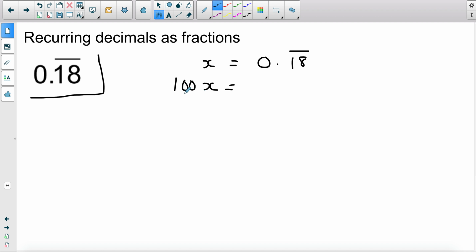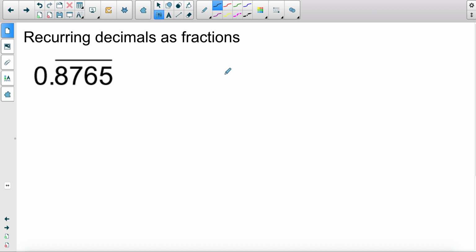The last question, which I'm not going to go through, is this recurring decimal. It's good for you to have a practice for it. So 0.8765 recurring. And remember, you want to multiply by a multiple of 10 such that you get 8,765.8765 recurring, and so you want these numbers to cancel out.